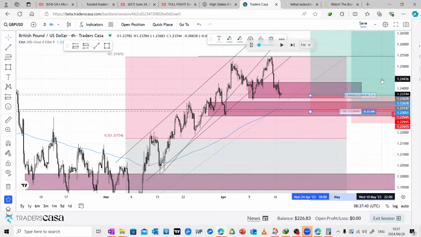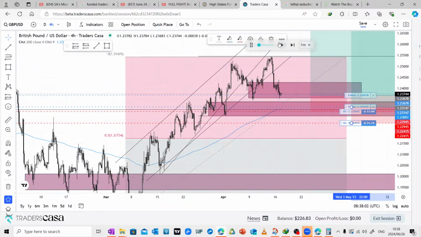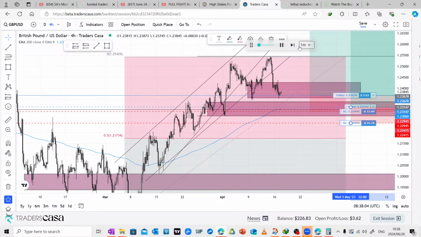And then this other trade is the one that I feel is less risky, and this is the one that I would open the position, and I would risk 14% on this one. Place. Right, and let's play this.